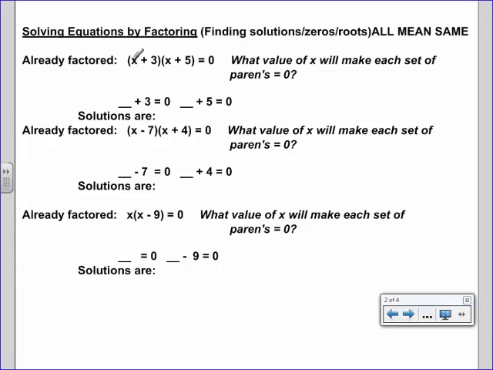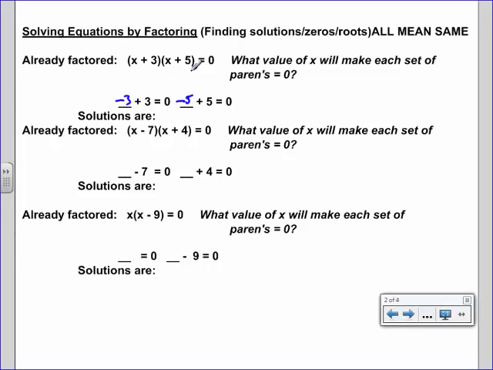So what you ask yourself is, what value could I put in for x to make x + 3 equal to 0? Well, in this case, it would be pretty easy to look at it and say, well, negative 3 plus 3 is equal to 0. And in this case, what makes x + 5 equal to 0? Negative 5.